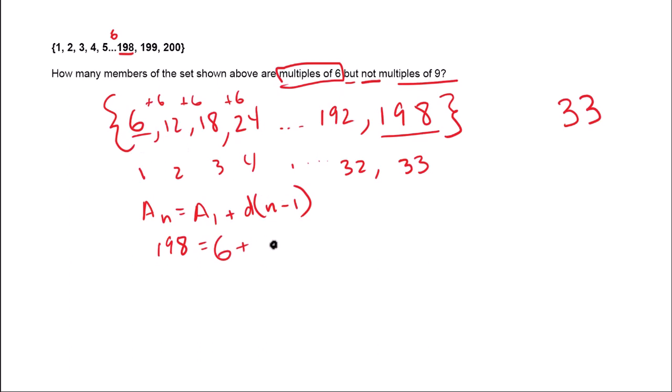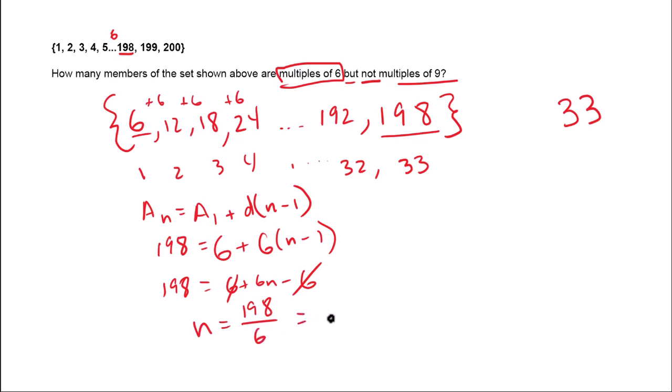And we know our D is 6, so we're going up by 6, and now I can solve for the number of terms. So 198 equals 6 plus 6n minus 6. Those cancel. 198 equals 6n. N equals 198 divided by 6, which is 33. The same result we get from our other method above.